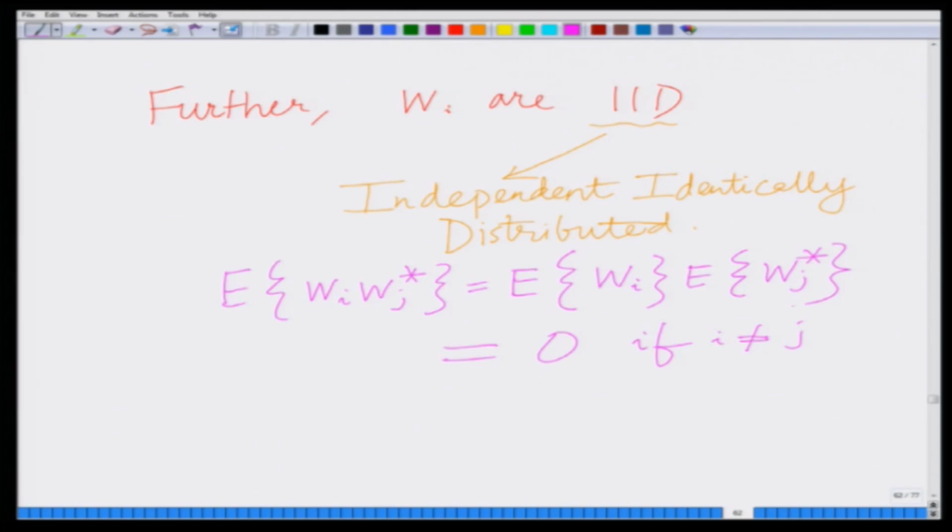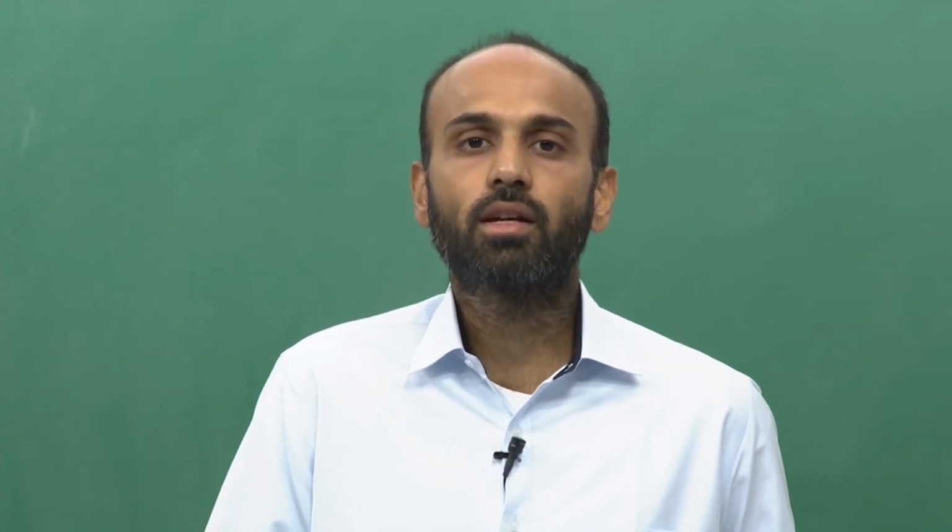Therefore, expected value of Wi into Wj conjugate is equal to 0 if i is not equal to j, and if i equals j, this becomes expected value of magnitude Wi square, which is equal to sigma square, that is the variance or the power of the noise.